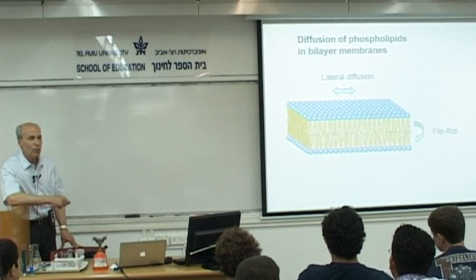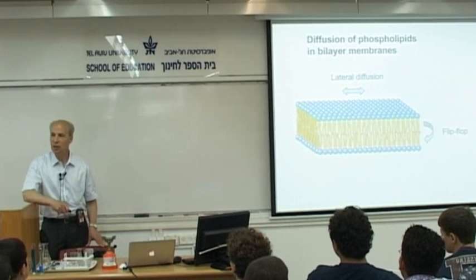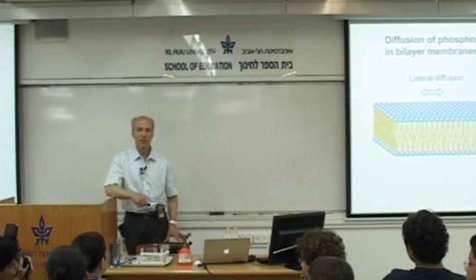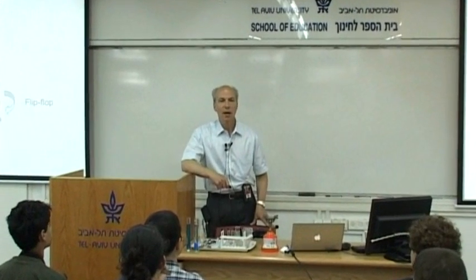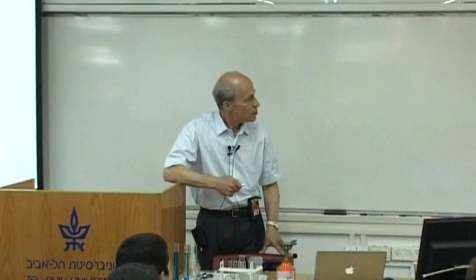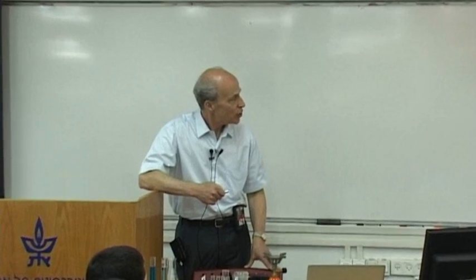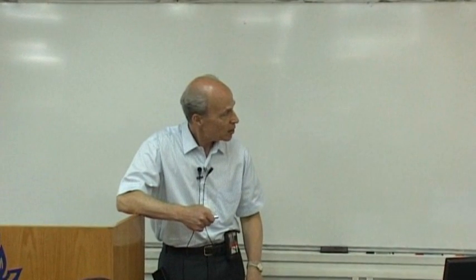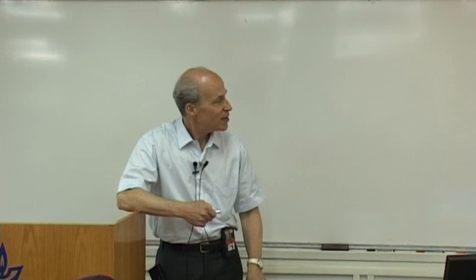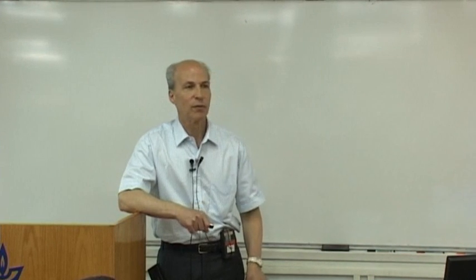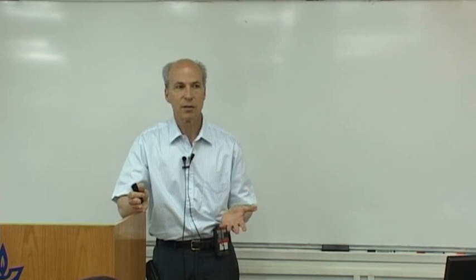Now, at the time when I began graduate study, in the late 1960s, so about 50 years ago, 45 years ago, it was just at that time appreciated that such a double layer of lipid molecules is the organizing principle for the membranes of all cells.